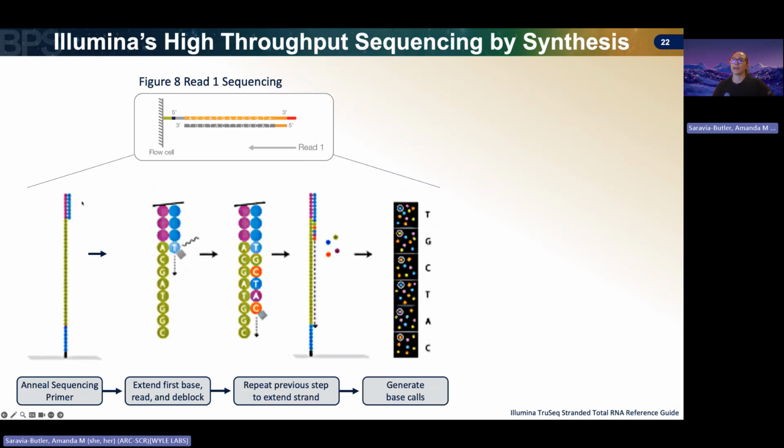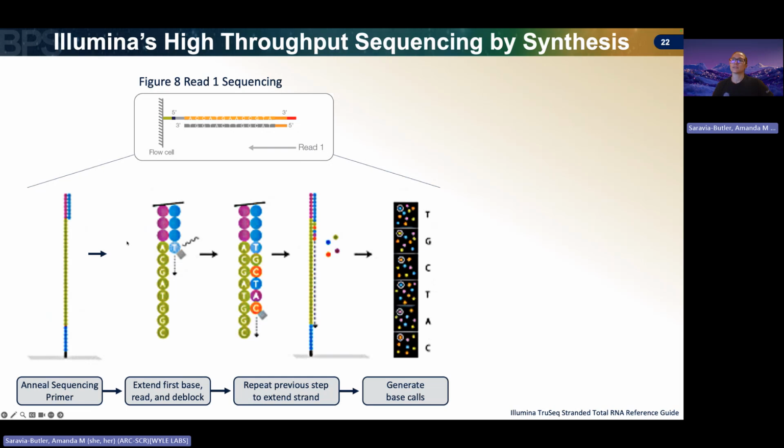So we are binding to our priming region, and then we are adding each one of our dNTPs that are attached to a different color fluorophore. And so your A's, T's, C's, and G's will all be represented by a different color. And each one of those will have a blocker on it so that just one nucleotide can get incorporated per cycle.